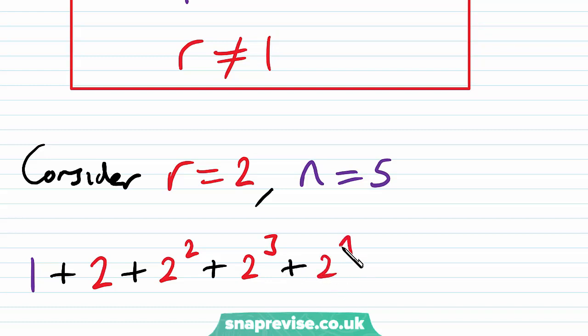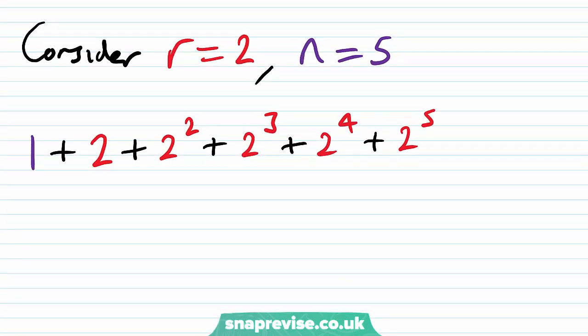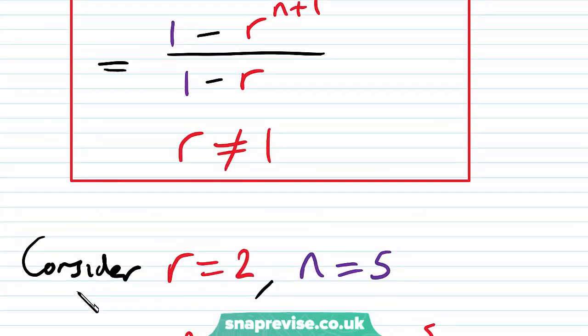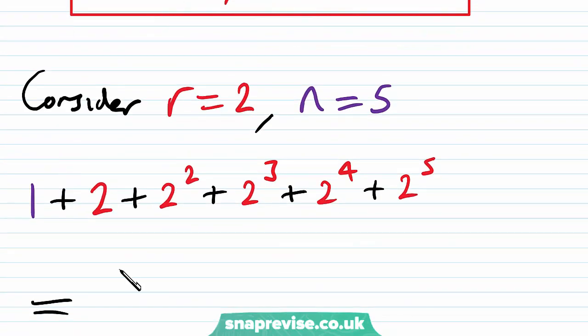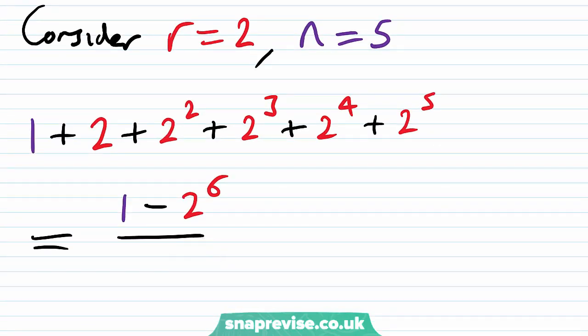Now, this formula says that this is equal to, let's have a look at our formula, 1 minus 2 to the power of 6, that's our n plus 1, and then we divide by 1 minus r, which is 1 minus 2. And then looking at the denominator, 1 minus 2 is minus 1, and so dividing by it just flips the numerator.